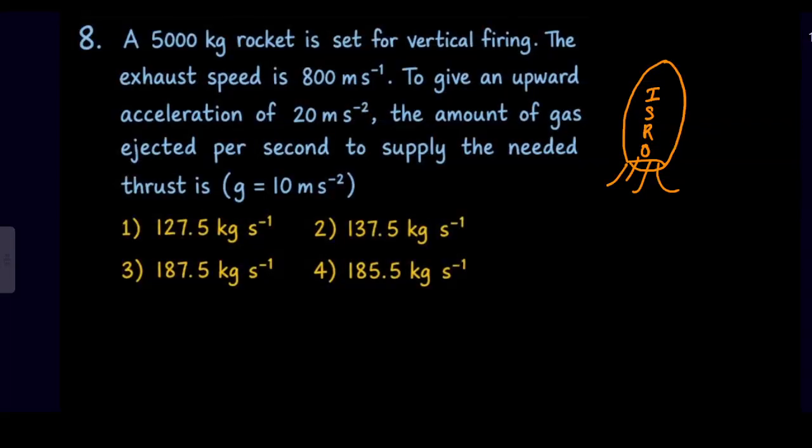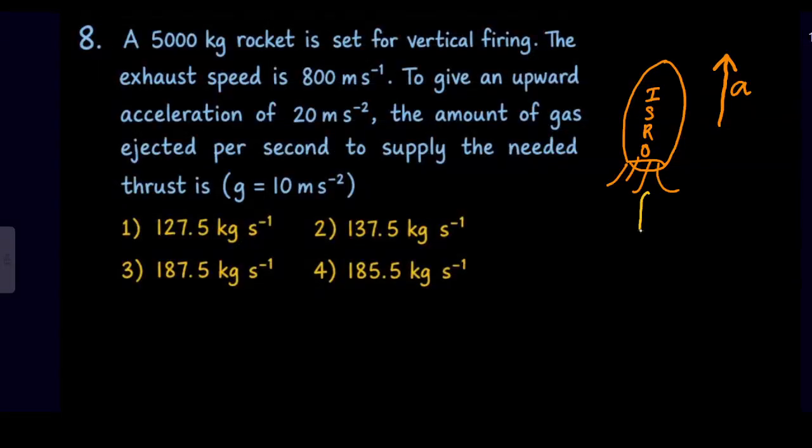Now, a 5000 kg rocket is set for vertical firing. With what speed does it have to flow here? 800. Initially it has to move upwards with some acceleration, and that A is given.